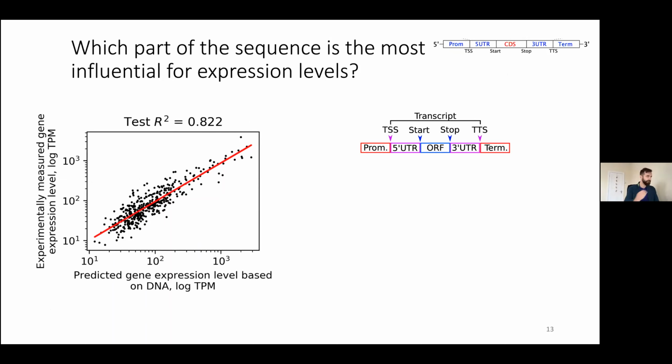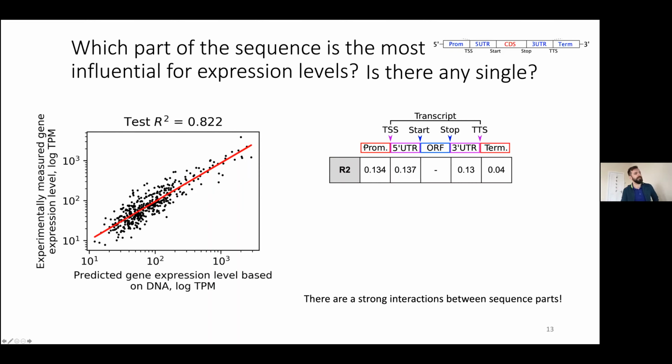And then we can also ask the question, what are the most important parts that are responsible for gene expression? Because typically, people always consider promoters the most important thing, whether designing an expression system or interpreting biology.